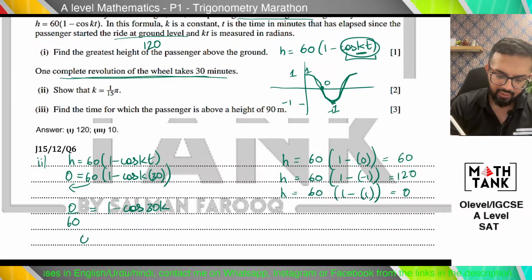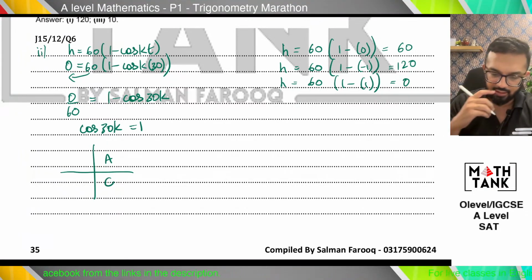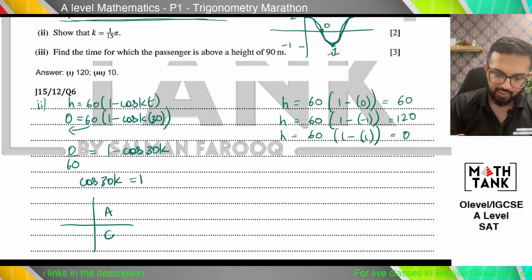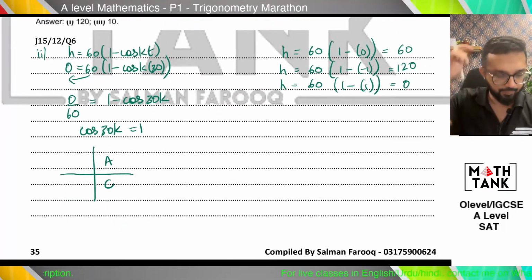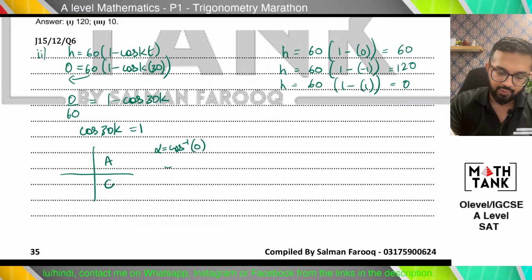Having my calculator in radians, cos of 30k equals 1. Now where is cos positive? Cos is positive either in A or C. Let's see if we get the correct answer out of this. Alpha is cos inverse of 1, which gives me 0.